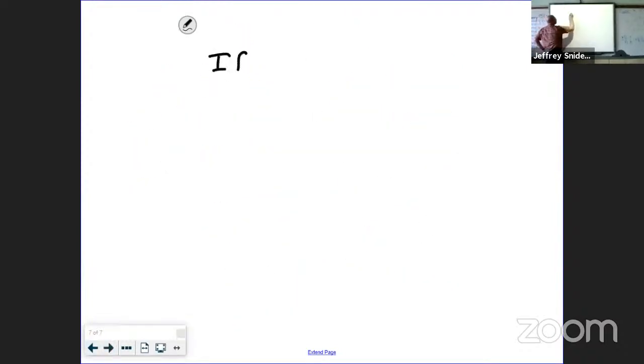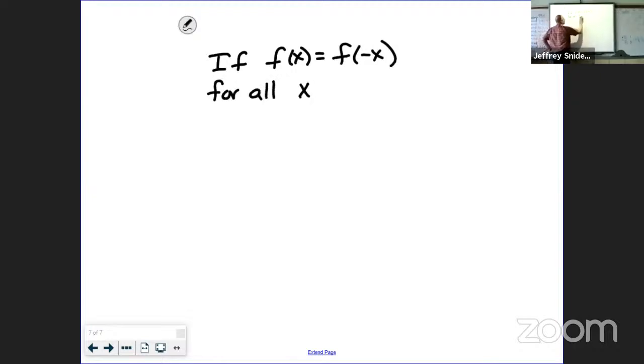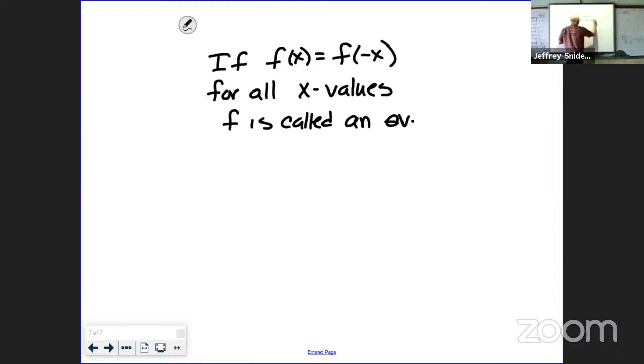If f of x equals f of negative x for all x values, f is called an even function. Boom. It's called an even function.